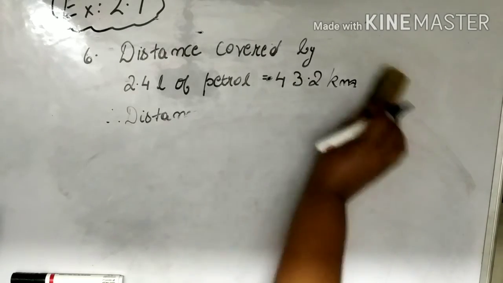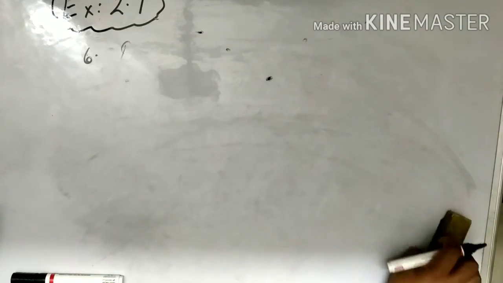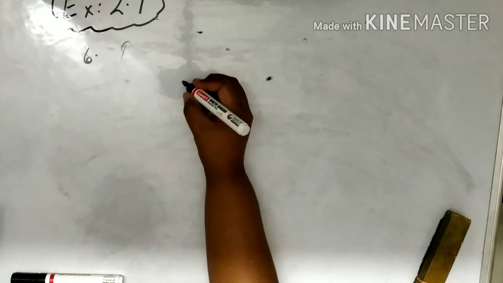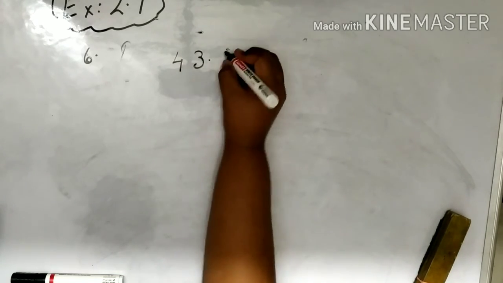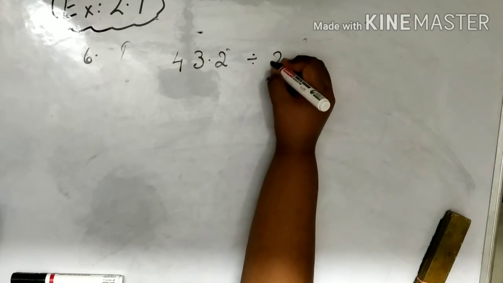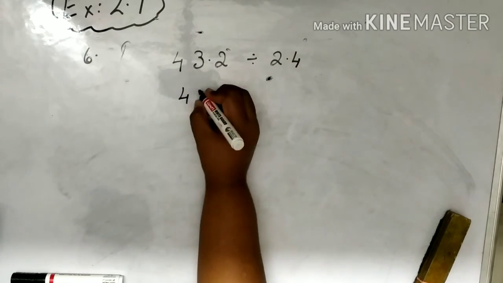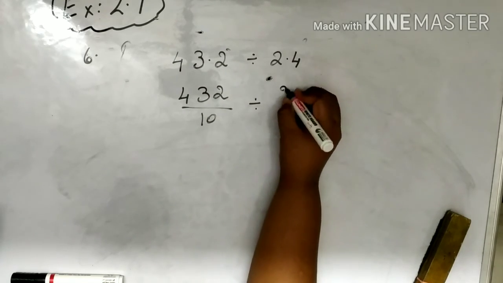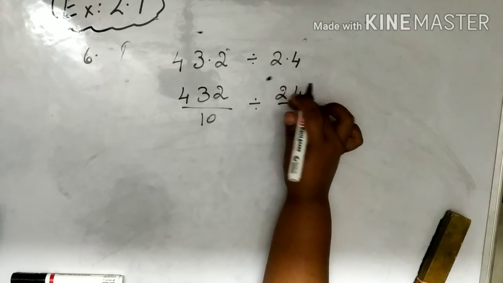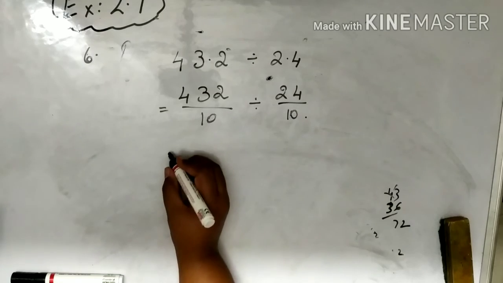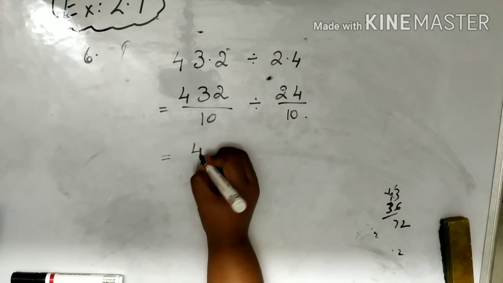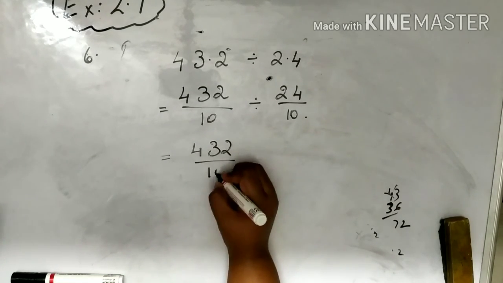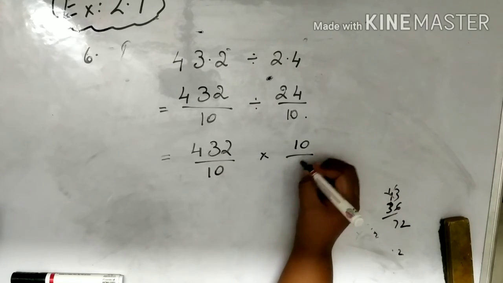Now let's solve it. 43.2 divided by 2.4. We know we have to first convert this into fractions. 432 divided by 10, divided by 24 divided by 10. Next step will be 432 divided by 10 into 10 by 24.